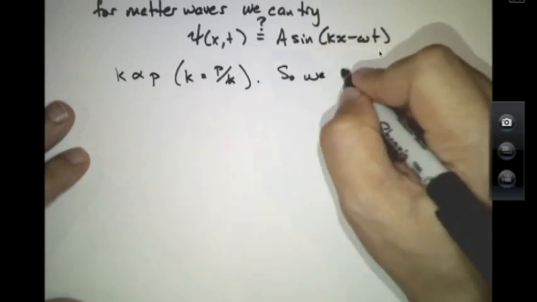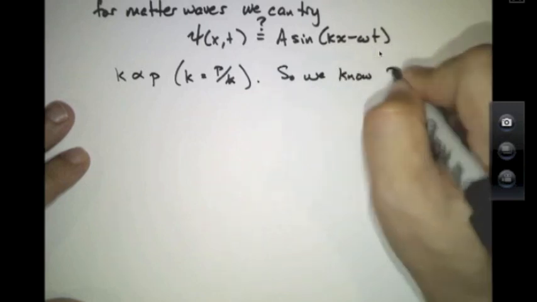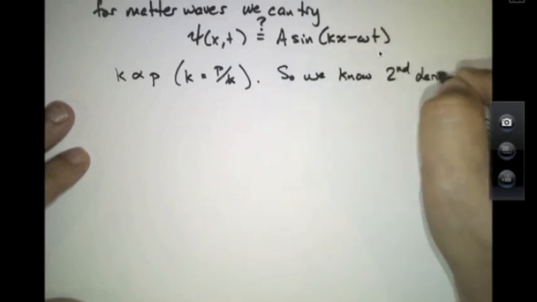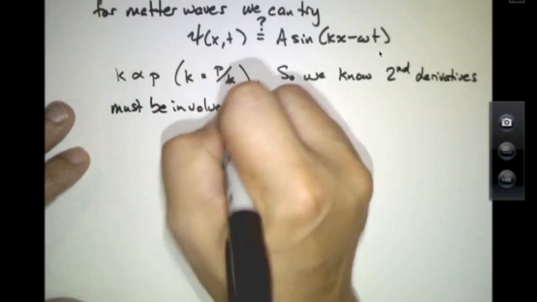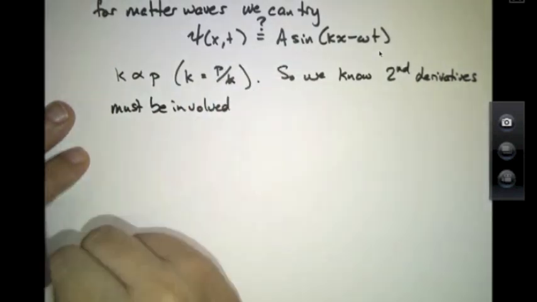We know that second derivatives have to be involved, so we can describe both left and right traveling waves.